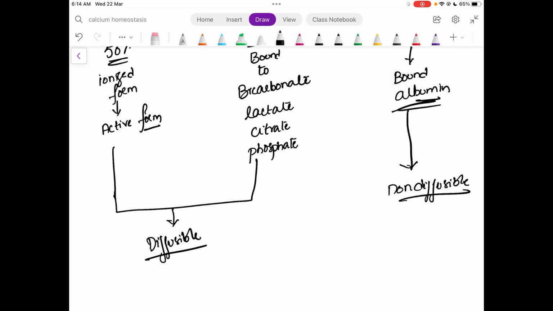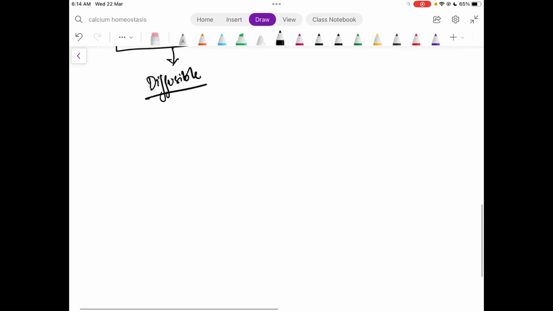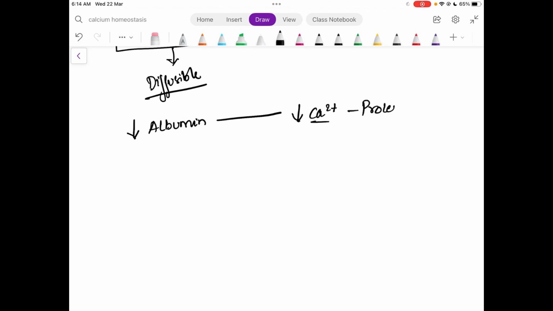In relation to albumin, we should know some important things. What happens when albumin is decreased? Whenever albumin is decreased, then calcium will be decreased, that too protein bound calcium is decreased.